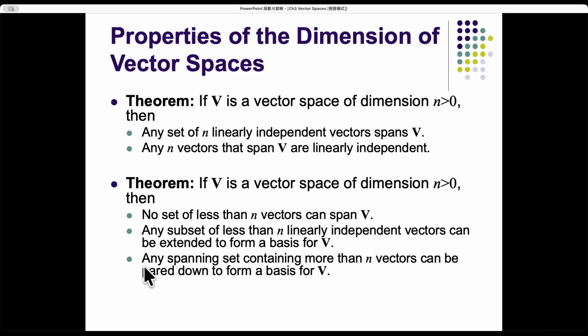In this case, this set of vectors cannot be linearly independent, right? Otherwise, the dimension of V would be m, not n, where m is greater than n, right?